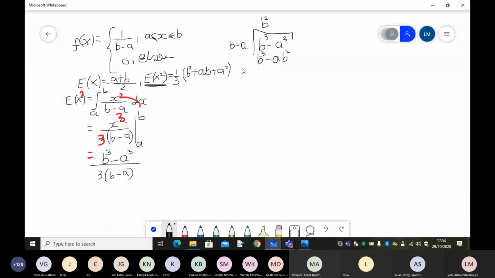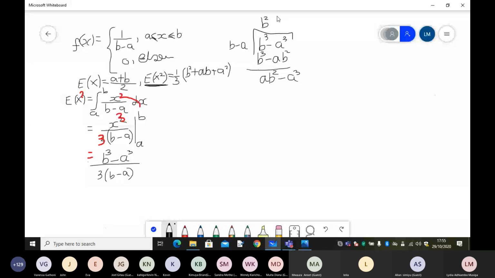B cubed minus b cubed is 0. 0 minus ab squared, that will be minus ab squared, and we are subtracting like terms, that is ab squared minus a cubed. Subtracting like terms, b cubed minus b cubed is 0, and 0 minus ab squared is minus ab squared, minus a cubed, minus 0 is minus a cubed.